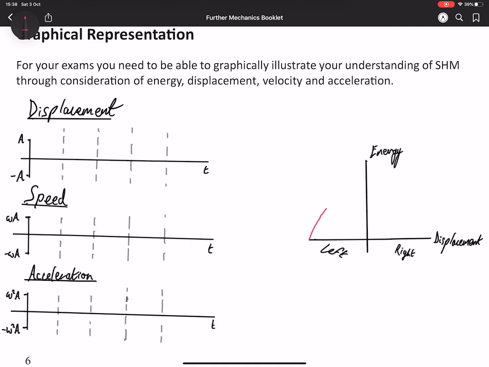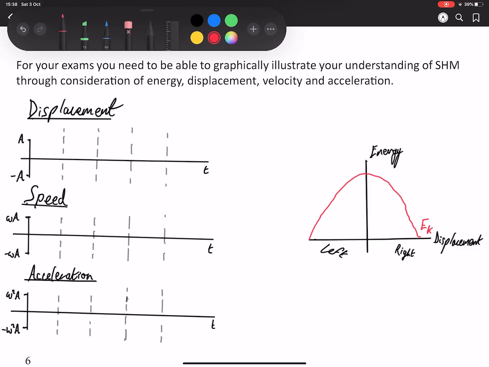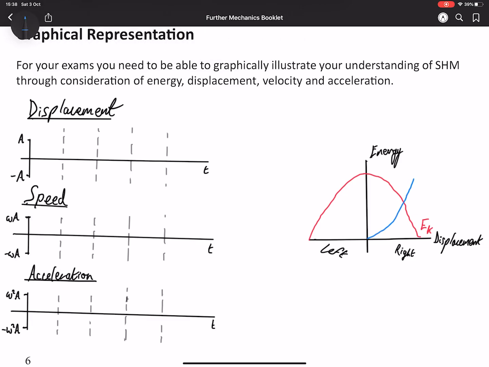So if we consider energy on the y-axis and displacement on the x-axis, we can show that the kinetic energy is at its maximum around the midpoint as it passes that central origin. And at each maxima, left and right, it will be at its lowest, where it reaches a stop.